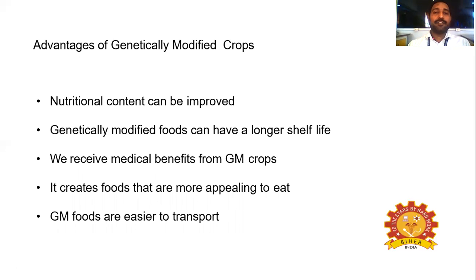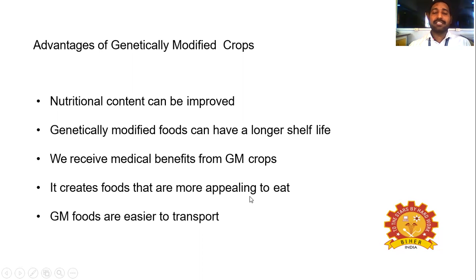As for the advantages of genetically modified crops, the nutrition content can be improved. Genetically modified foods can have a longer shelf life, which is one more important point. We receive medical benefits from genetically modified crops, and we can also create foods that are more appealing to eat.